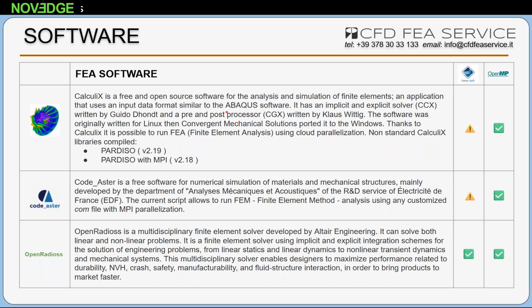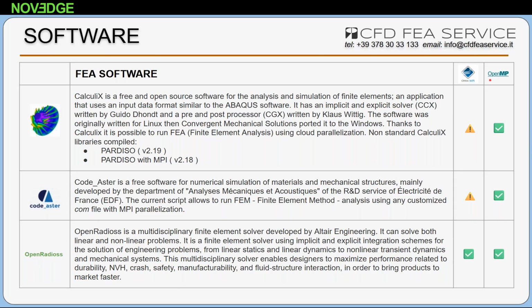On the cluster, this is present in several versions like 2.19, 2.18, 2.21, and under different parallelization methods. Generally, any application can be performed in parallel using OpenMPI or OpenMP, or both of them.